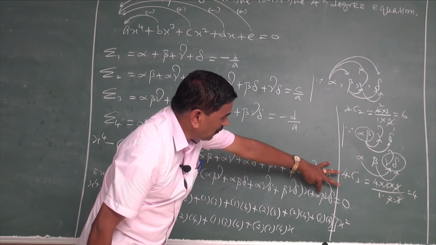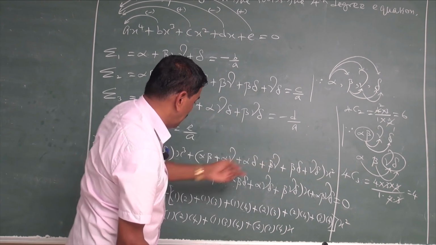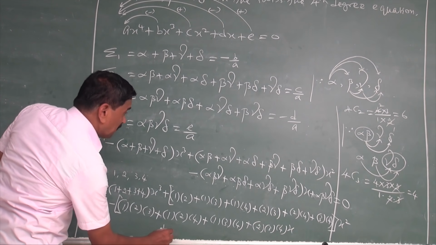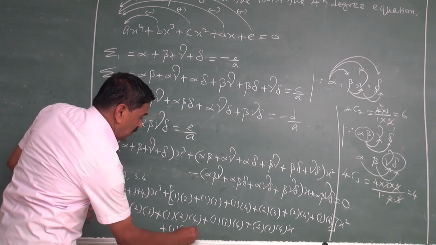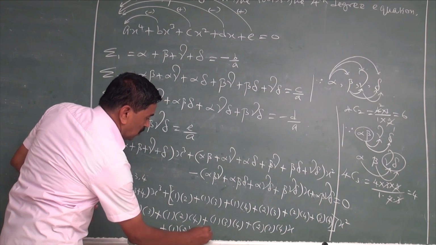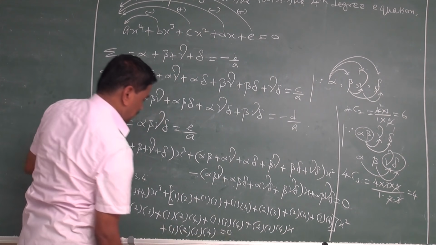Next plus alpha into beta into gamma into delta, which is 1 into 2 into 3 into 4, equal to 0.